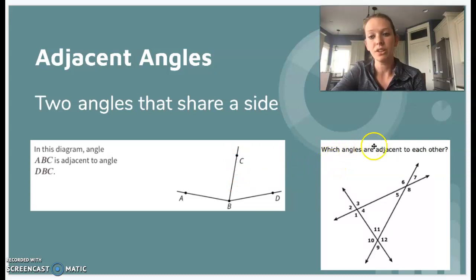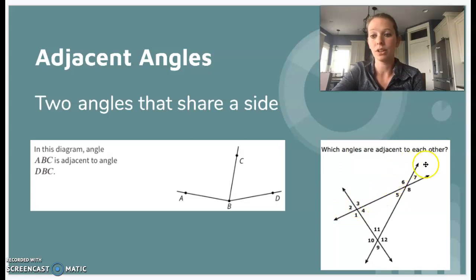And so if we look at a problem here, the question is, which angles are adjacent to each other? And there's a lot to choose from on here. So you could pick any two numbers that are next to each other. We could say angle 1 and angle 2, they're next to each other. So those would be adjacent angles. We could also say angles 2 and 3 are adjacent because they're next to each other.